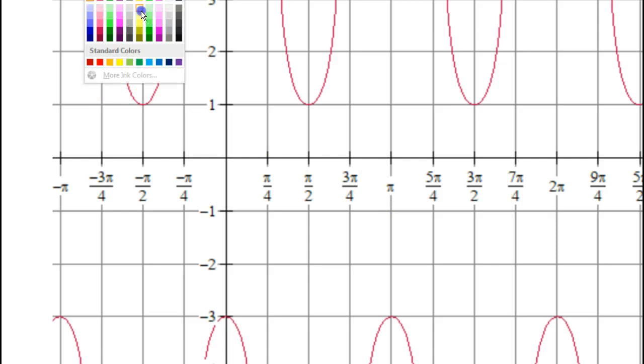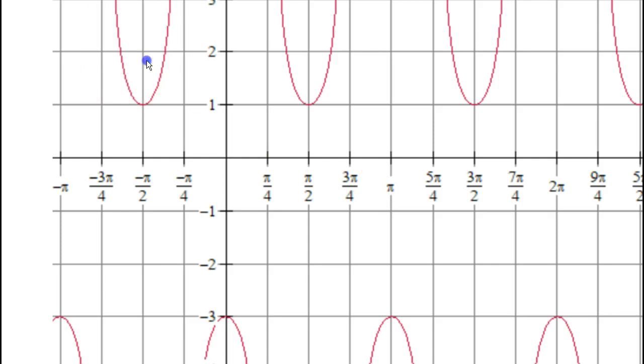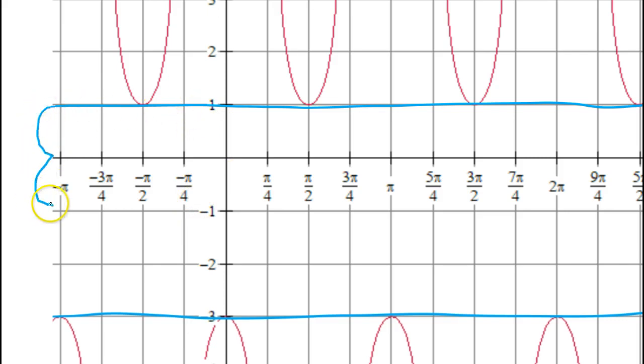I see that the bottoms of these little valleys are right here, and the tops of these little peaks are right here. So the midline has to be halfway between these two. Notice that these are 1, 2, 3, 4 apart.